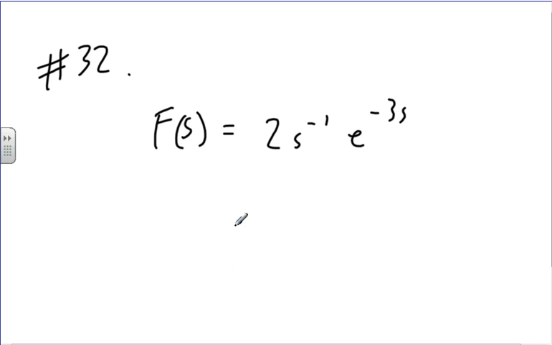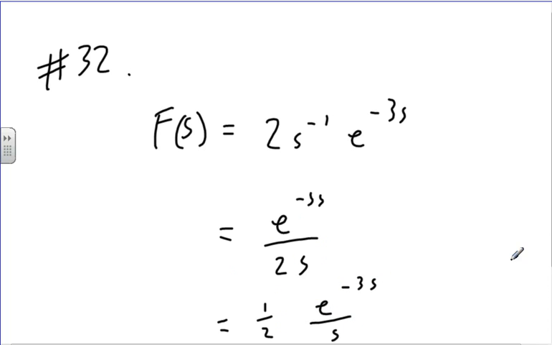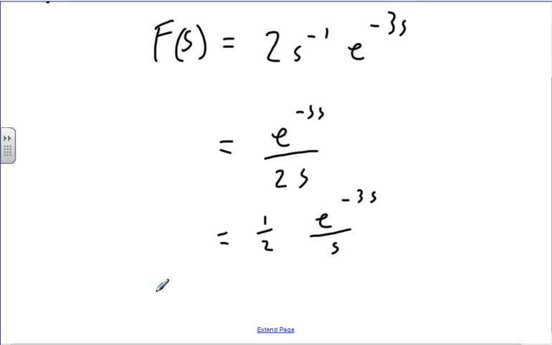Okay, so I'm going to write this e to the minus 3s divided by 2s. Okay, and I'm going to make that 1/2 e to the minus 3s over s. Okay, so it's going to be 1/2 the unit step function of t minus 3. I'm done.